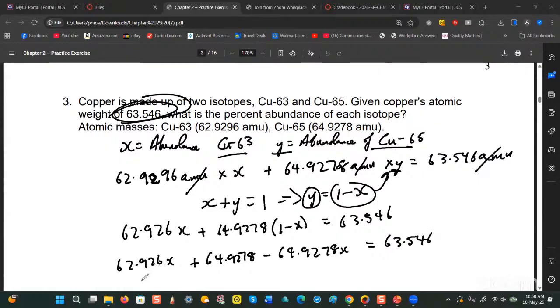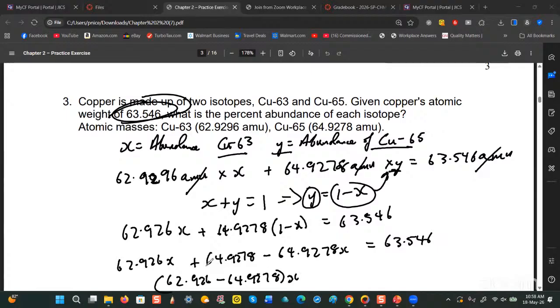I'd group the like terms, which would be 62.926 minus 64.9278, times x.